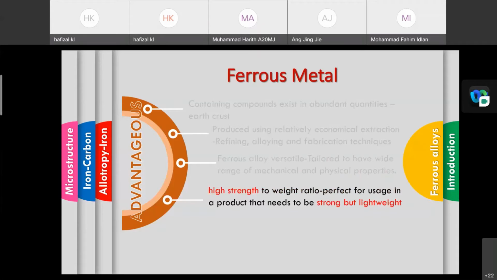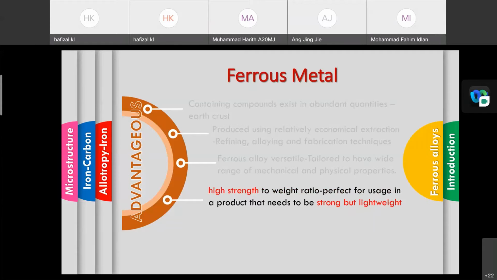High strength to weight ratio is perfect for use in products that need to be strong but lightweight. We know that steel is highly used, very strong, and mainly used in the building of tall buildings.